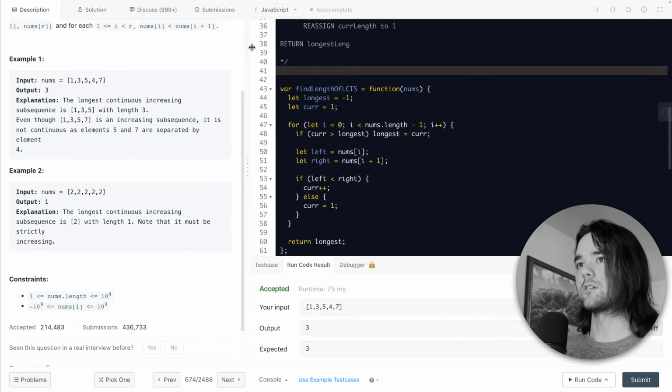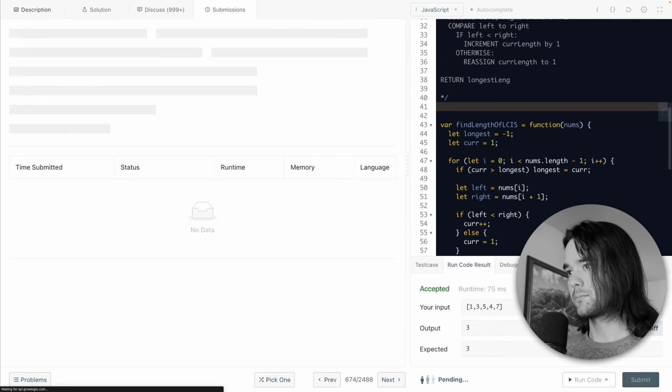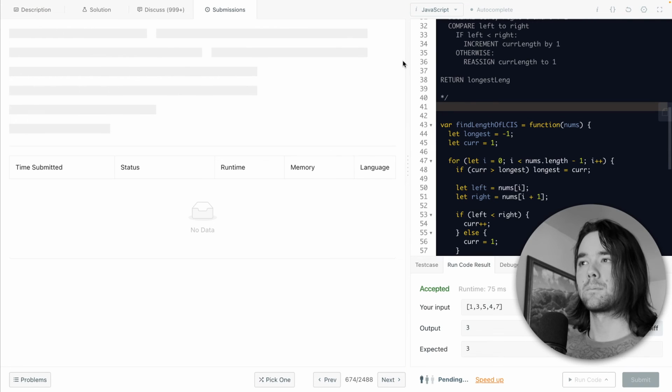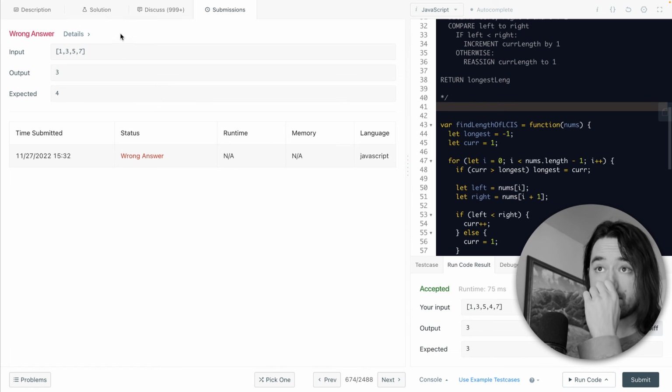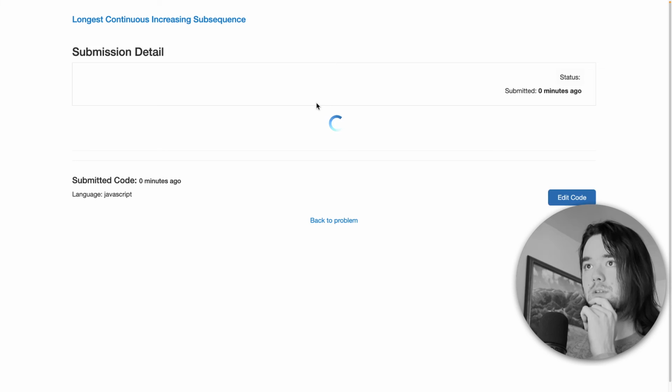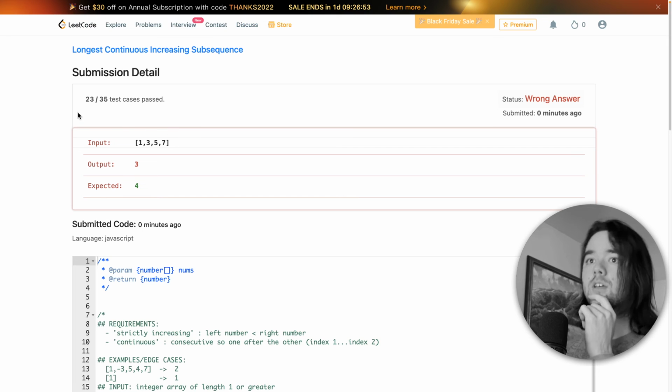Let's take a look and see how we did with the other test cases. Okay, so 1, 3, 5, 7. Why is our output 3 instead of 4? Let's take a look and see how many test cases we actually passed. Fair number.